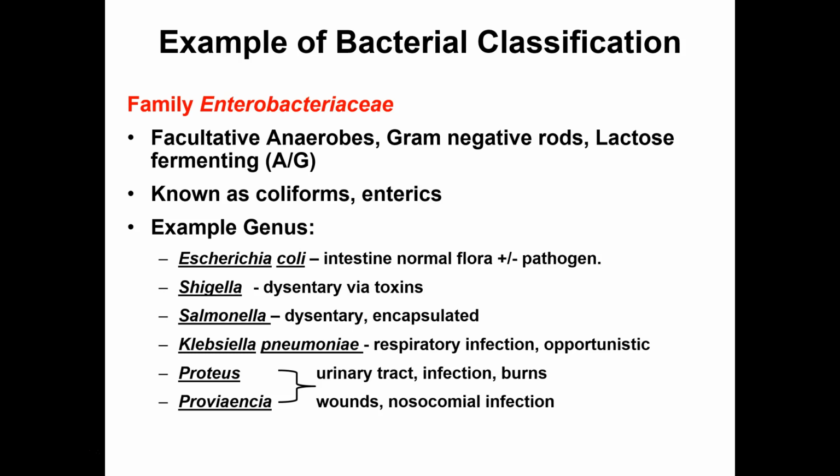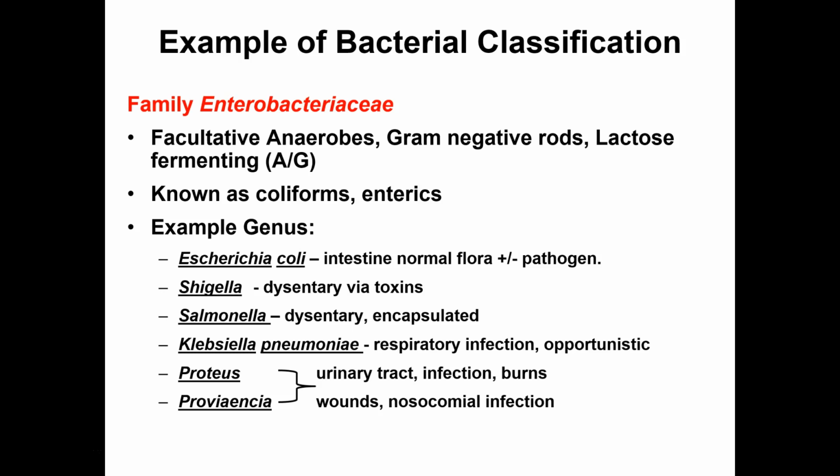So, again, just looking at a bacterial example, I just want to show you folks kind of how a taxonomic level works for a group of bacteria. So in family Enterobacteriaceae, this is a taxonomic family, meaning you have a bunch of bacteria that are included in this family because they have similarities.